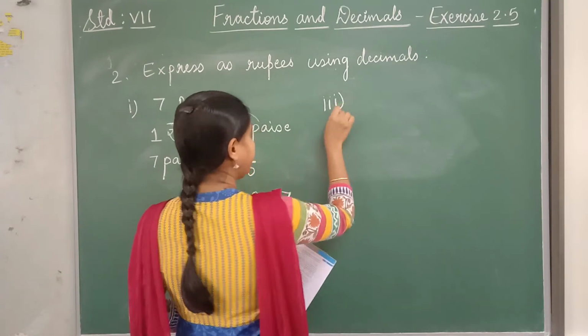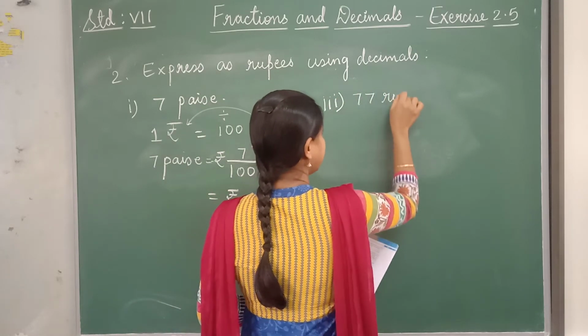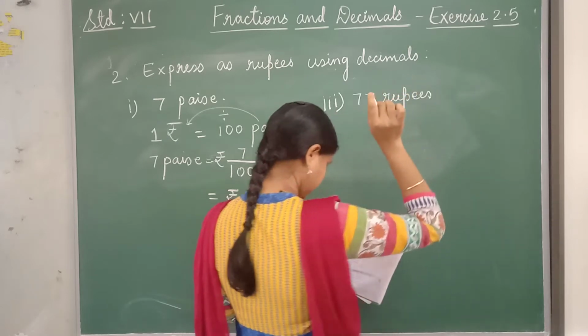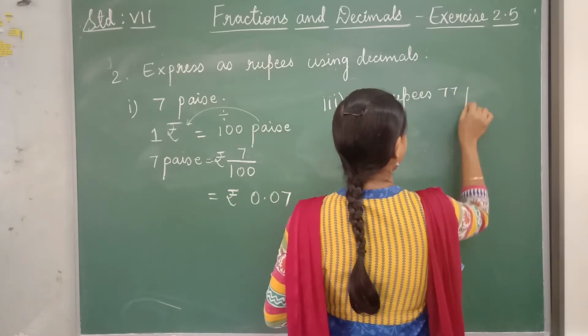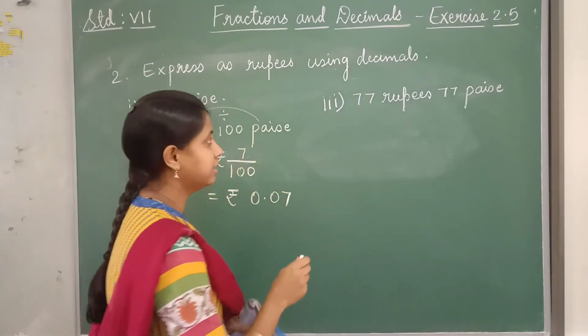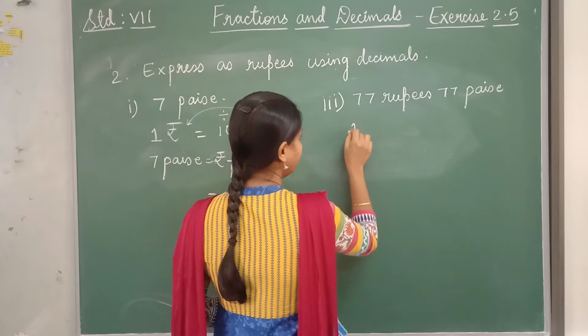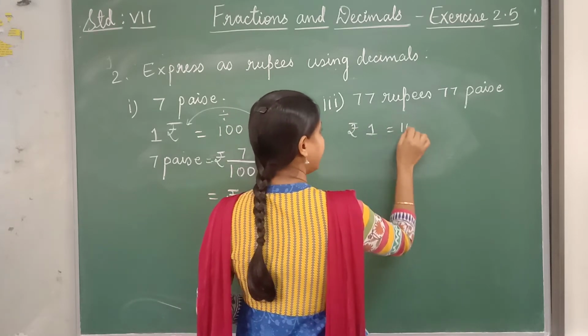Third one: you have to convert 77 rupees 77 paise into rupees. Same thing. Firstly, you must write 1 rupee is equal to how many? 100 paise.